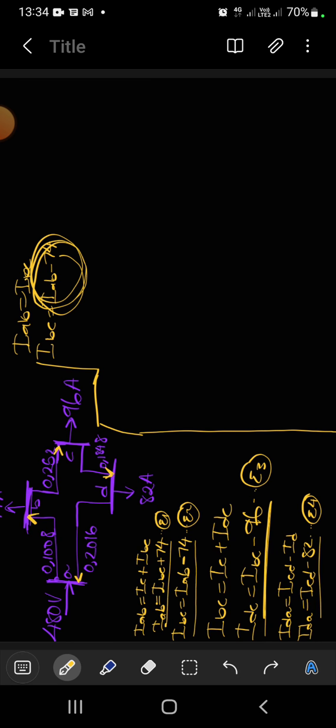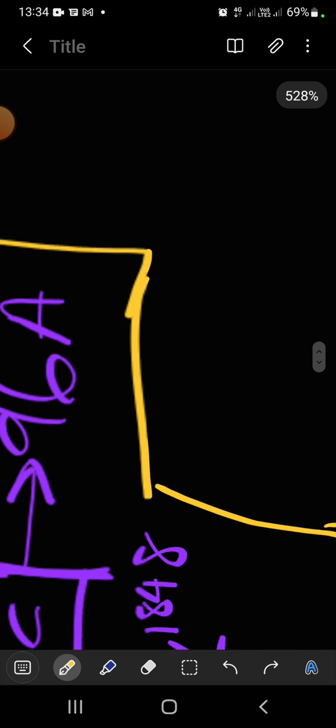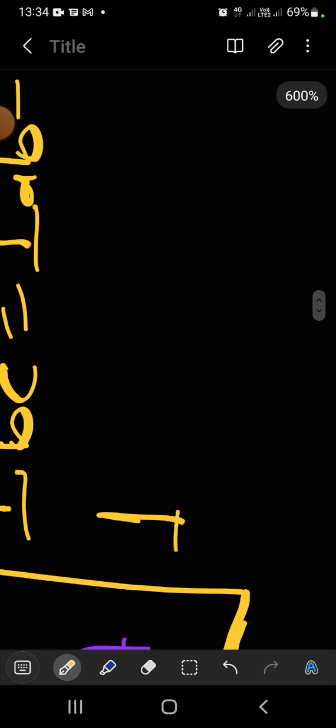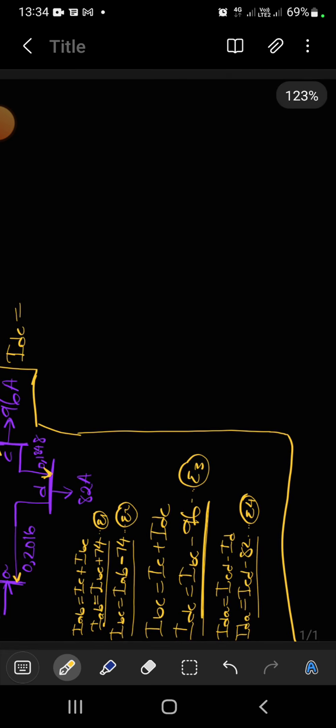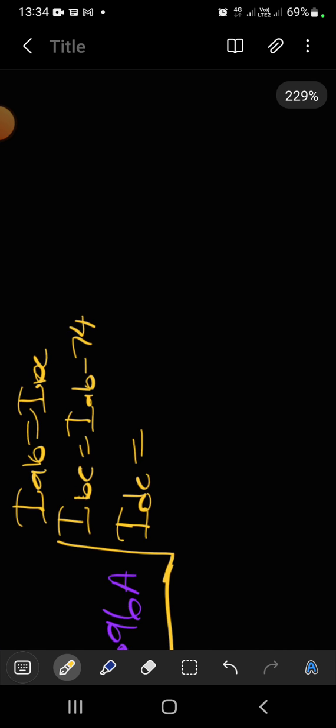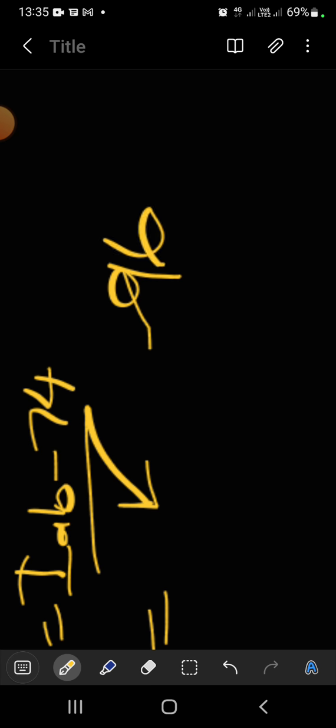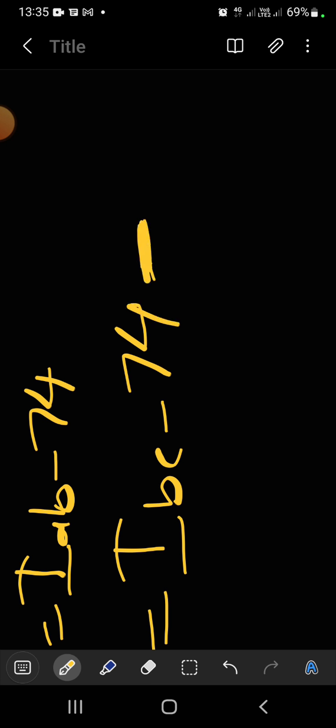Good. So our ICD is equal to, let me say again, IBC minus 96, meaning this right here minus 96. So that's IAB minus 74, now we have minus 96, and that should be 170 if I'm not mistaken.